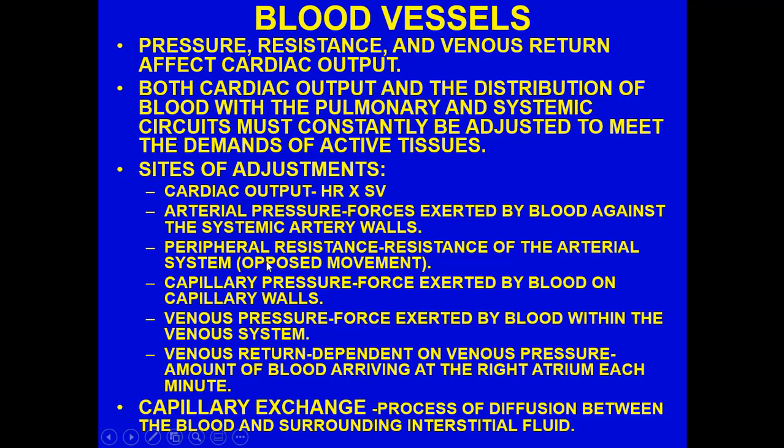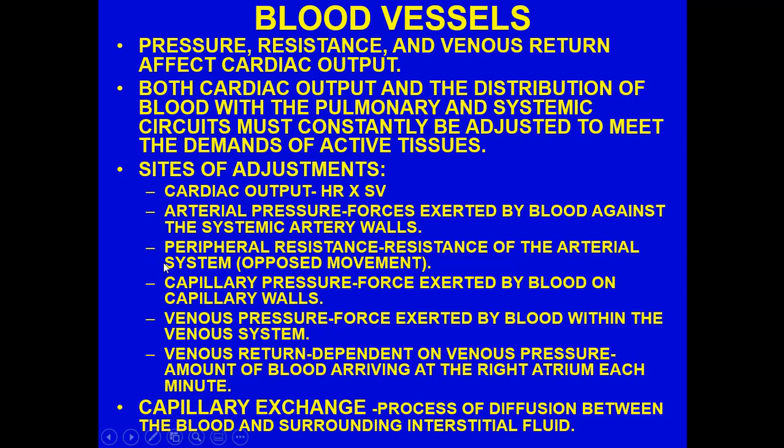This is opposed movement. Now, how do I get resistance? Well, if you remember, we can talk about a variety of ways of resistance. One of them is just increasing or decreasing the lumen where the blood is passing through the capillaries or the arteries.